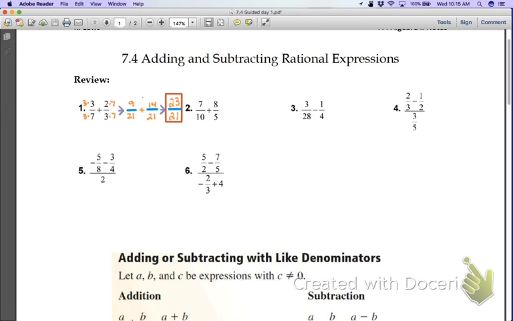So in some cases, you may not have to touch one of the fractions or one of the rationals, so 2 and 2. So if I have 7 over 10 plus 16 over 10, denominator stays the same. 7 plus 16 is 23, and I'm going to leave it as 23 over 10.